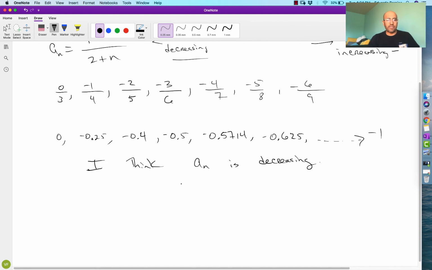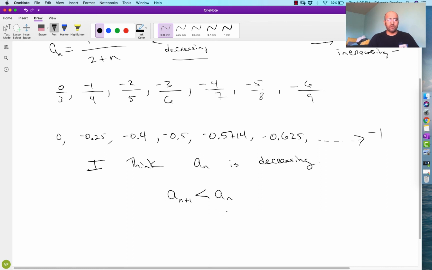And if they're decreasing, that must mean that a sub n plus 1 is always less than a sub n, because the next one is smaller than the one that came before it. That's the definition of decreasing. So let's confirm that that's true.